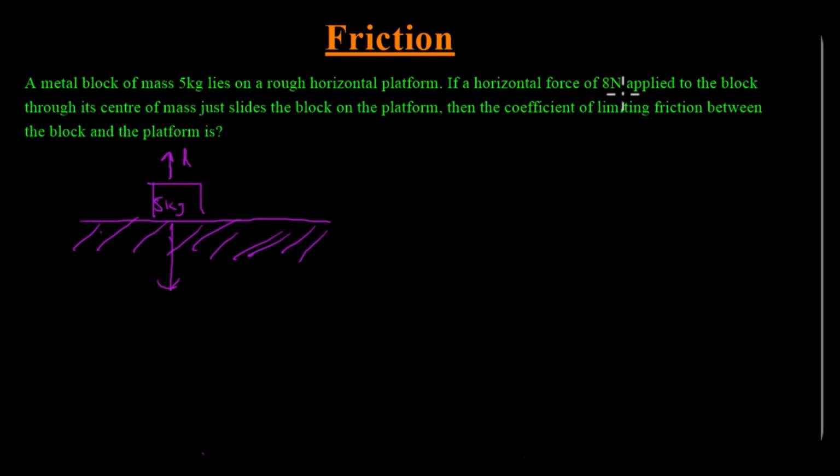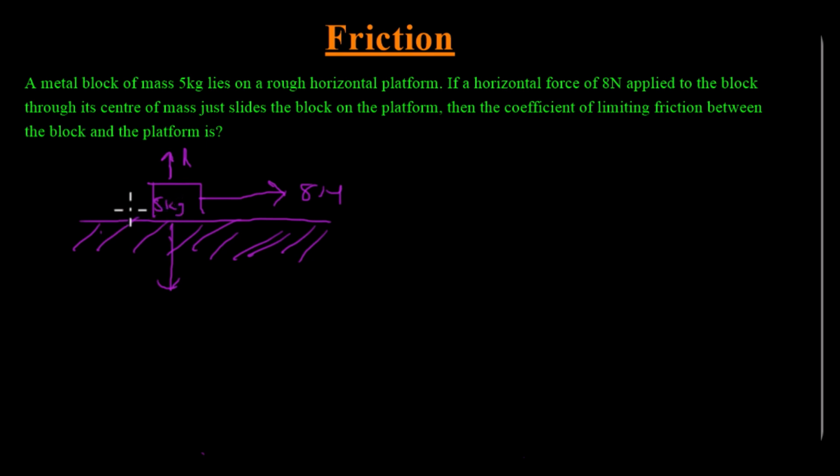A horizontal force of 8 Newtons is applied through its center of mass and just slides the block on the platform. So this is just about to slide. Remember when we were talking about our graph, when it is just about to move, we don't have an F net here.